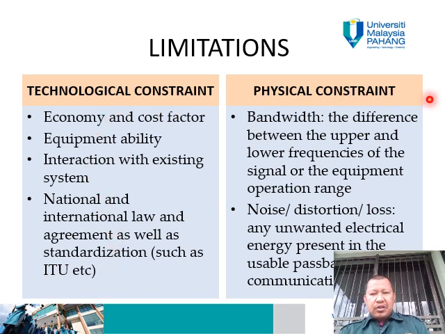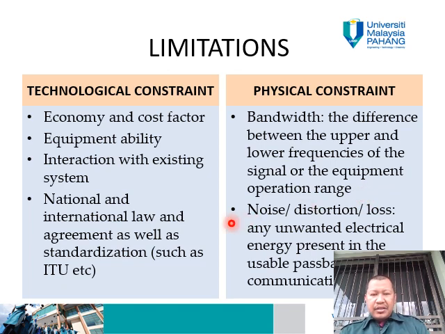In terms of physical constraint, first is bandwidth, the difference between the upper and lower frequency of the signal or the equipment operation range. As we said just now, the higher the bandwidth, the better. But certain equipment has limitation in terms of bandwidth.